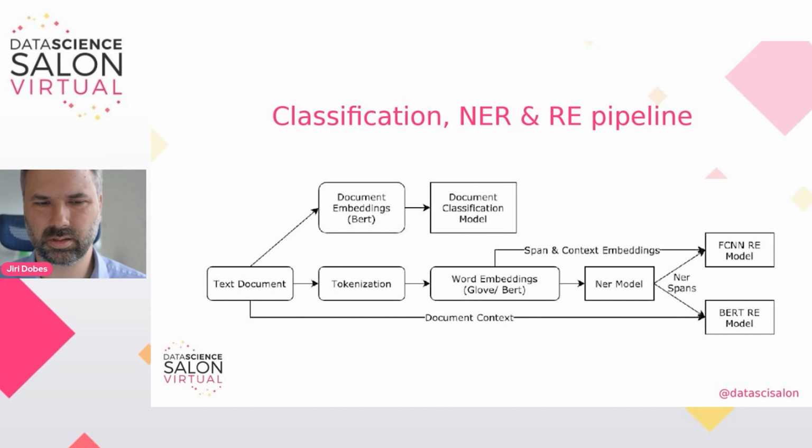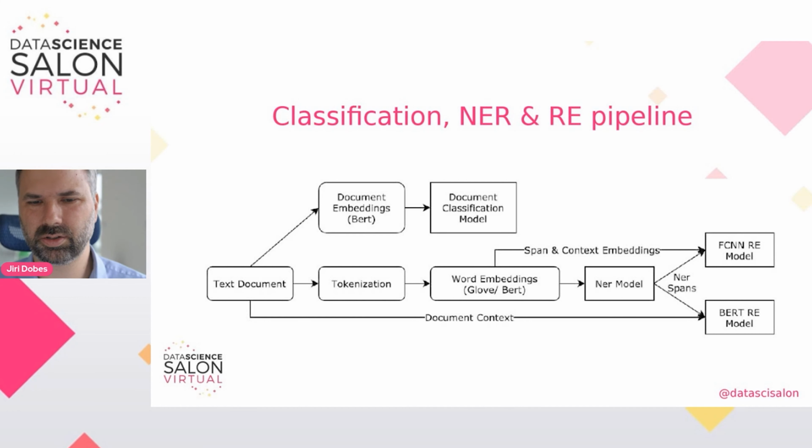There, starting from the document, going through tokenization, then word embedding and the named entity extraction model. And the word embedding can be GloVe, can be BERT, and we show the results for both cases.